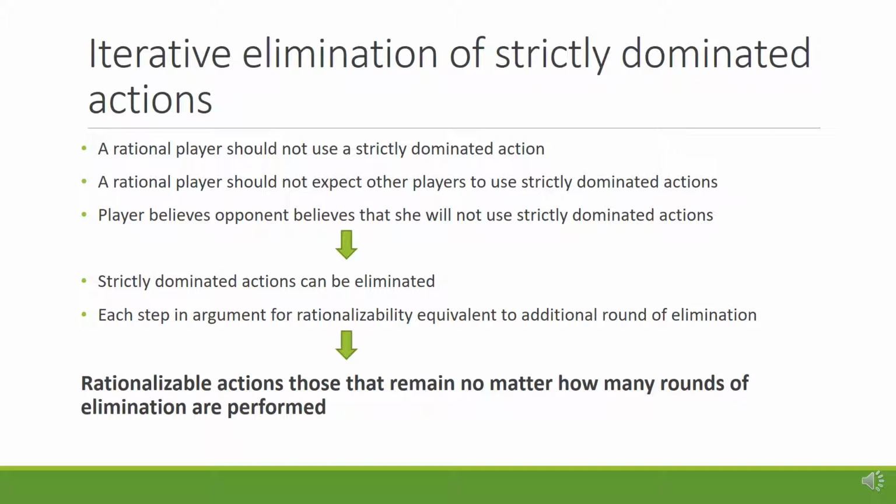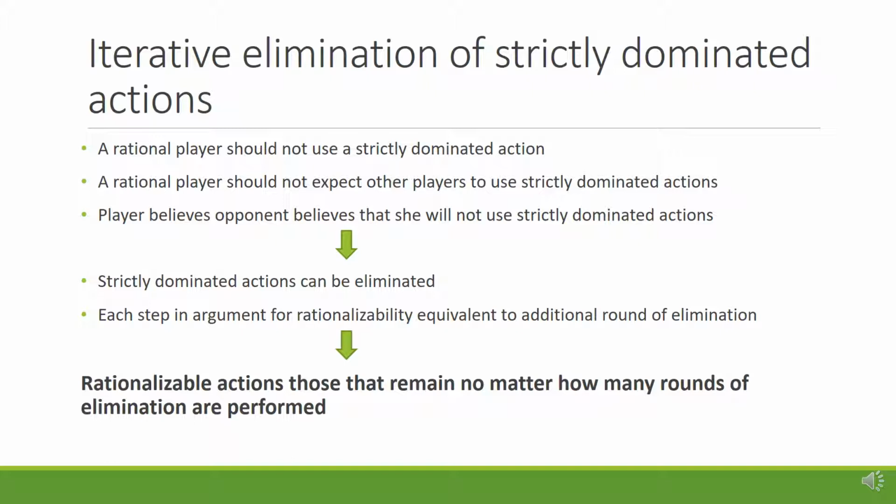So by the assumptions of rationality, like we mentioned in the first couple of slides, a rational player herself does not play a strictly dominated action, and she should not expect another player to play a strictly dominated action either, assuming the rationality of the other players.